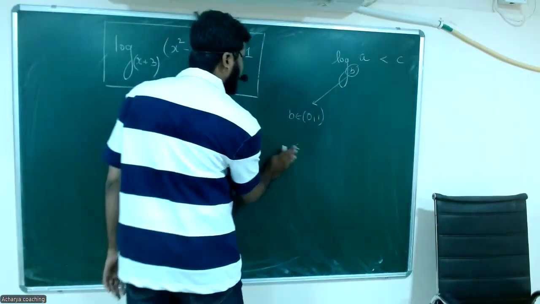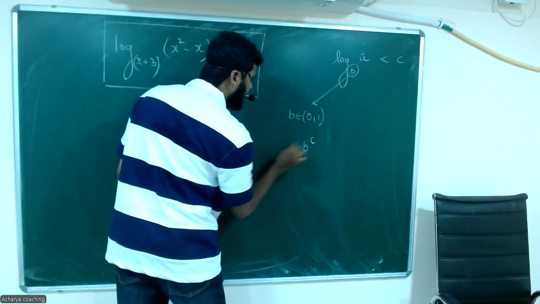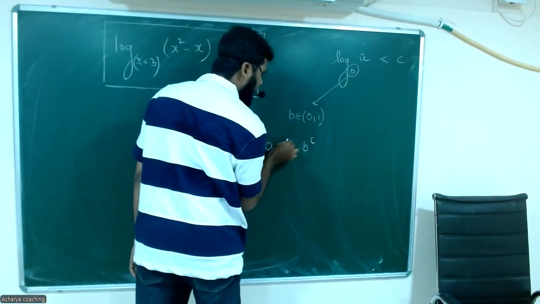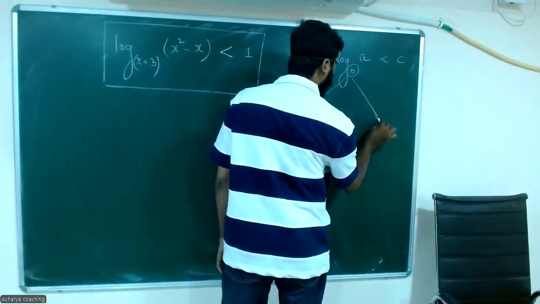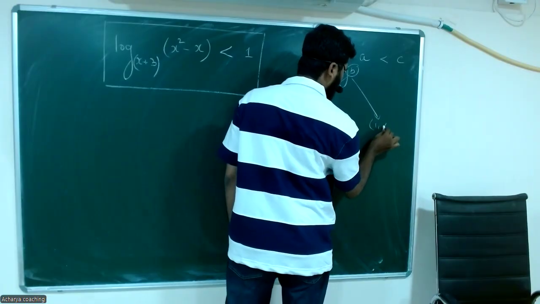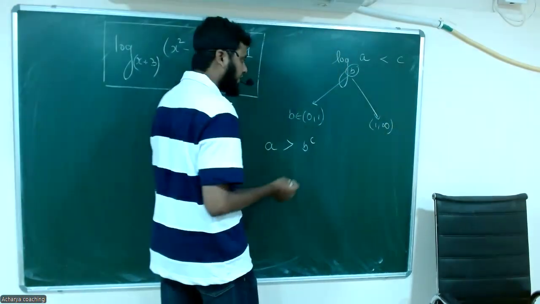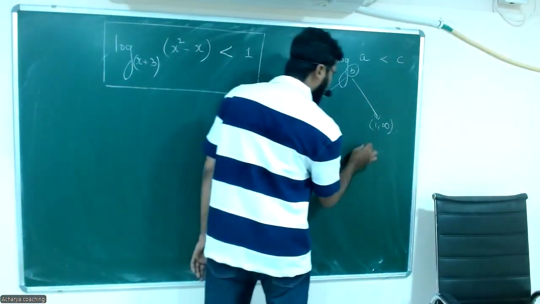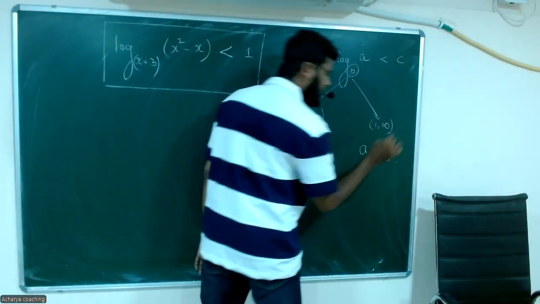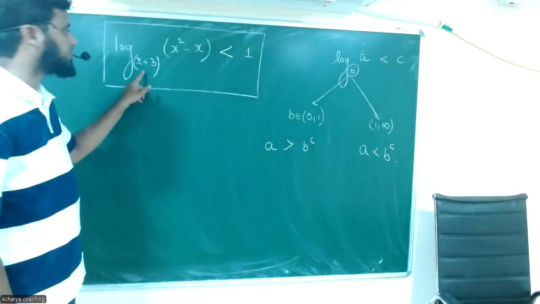So here B power C will be there and here A. Less than will change to greater than. Any doubt? Second case, the base is greater than 1, which means base 1 to infinity. In that case, it will be an increasing function, so A less than B power C. Clear? But here a variable is present.